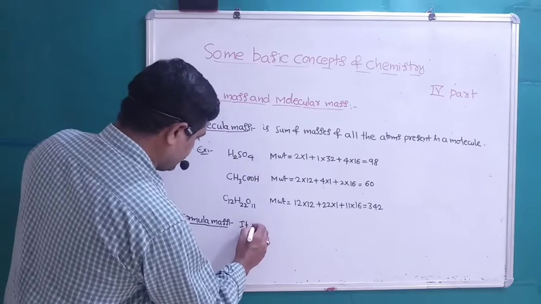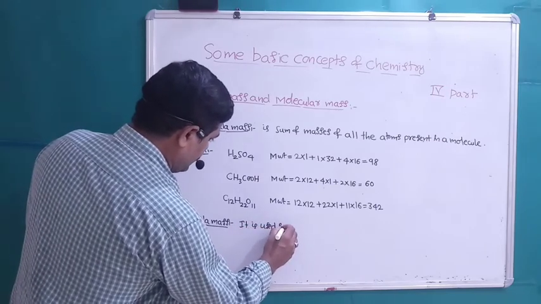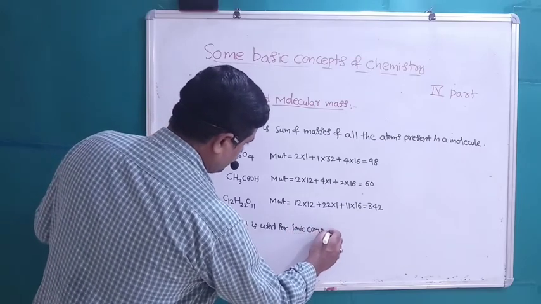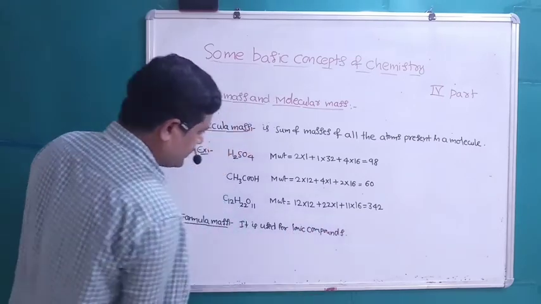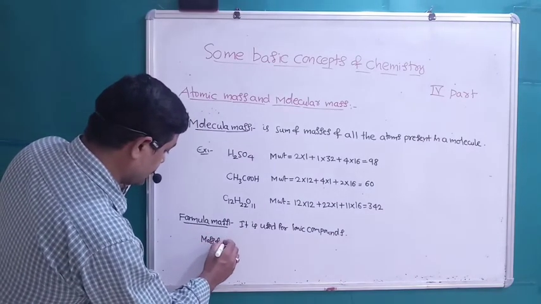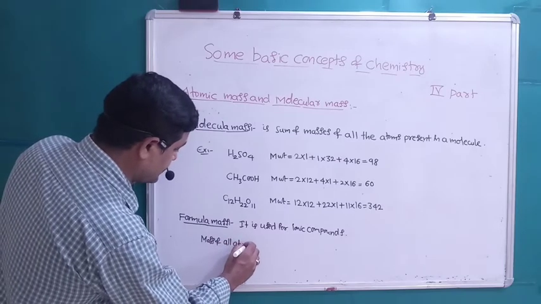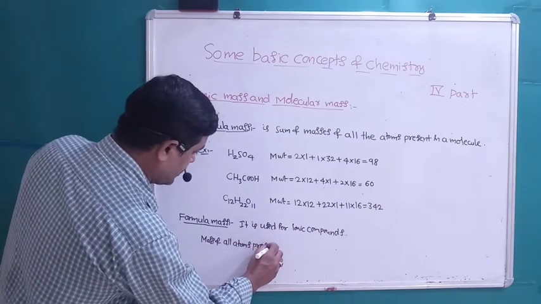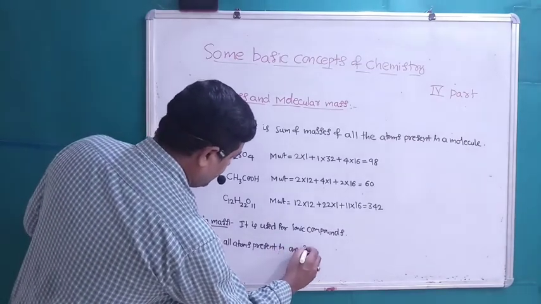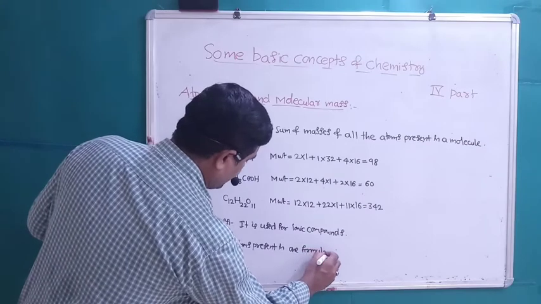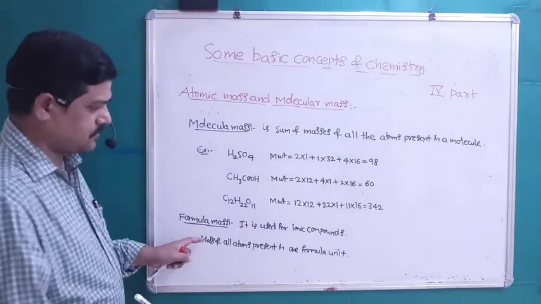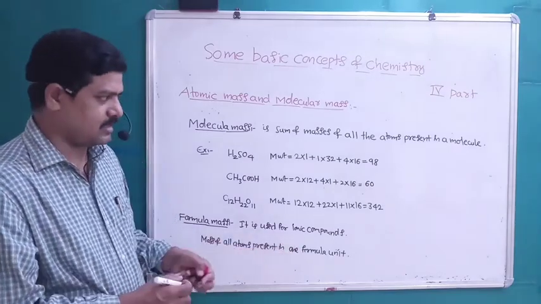It is the mass of all atoms present in one formula unit. So why are we using formula mass for the ionic compounds? Let us discuss now.